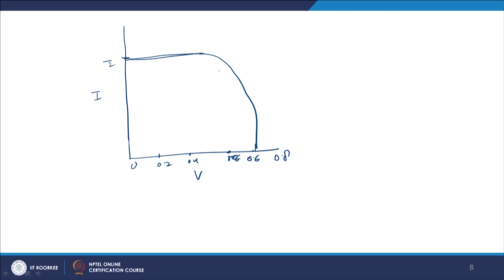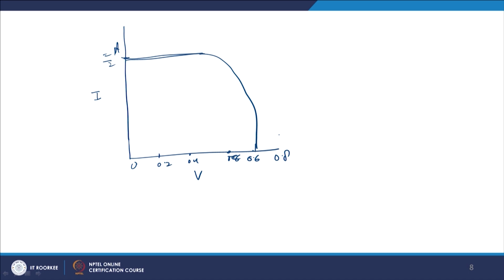Right? So, starting from 0 with 0.2, 0.4, 0.5, the current is fixed at approximately 1. But when you cross a certain voltage, approximately 0.6 or 0.56, there is a sharp drop in the current.